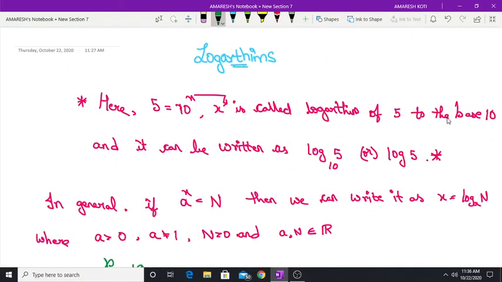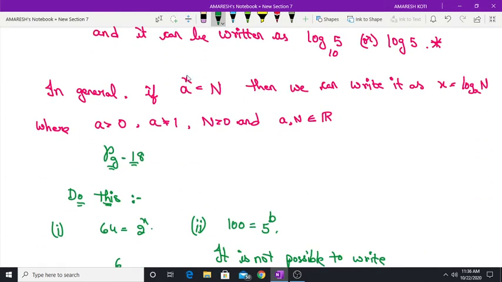So how have we changed this? Here, a power x equals n is the general form. While converting into logarithm form, it became x equals log n to the base a.